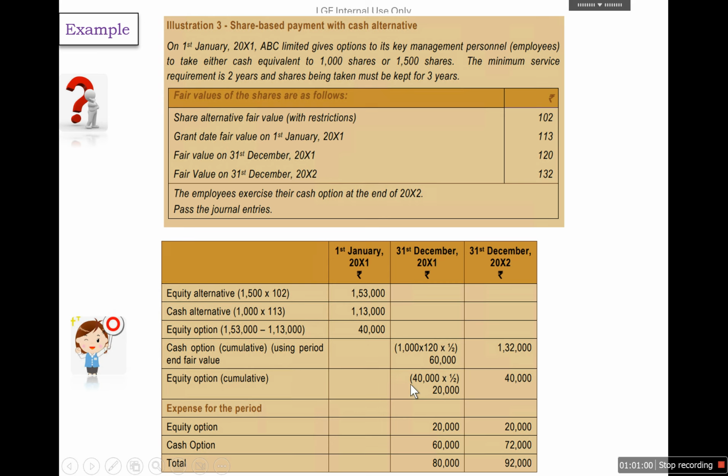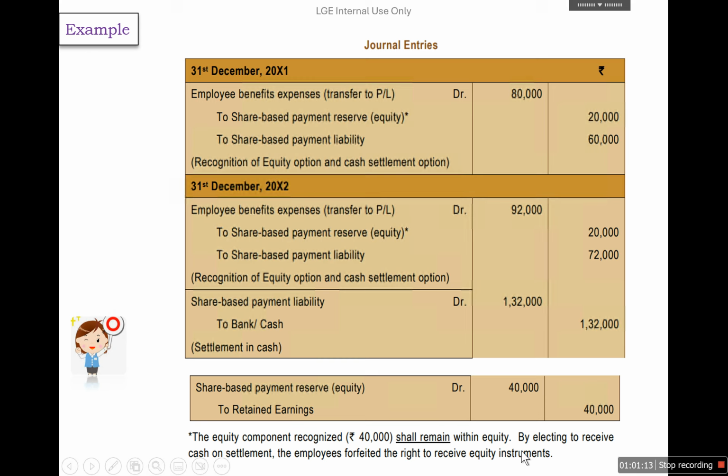So equity option 20,000, 20,000 each year will be booked. And in cash options, for the cash portion, 60,000 will be booked in first year, and 72,000, 132 minus 60, 72,000 will be booked in next year. So employee benefit expense debit 60,000 to share based payment reserve equity portion 20,000, and share based payment liability 60,000.